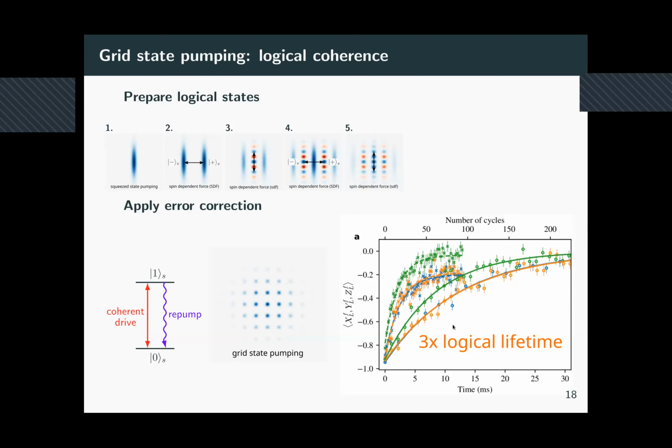What you might also notice in this plot is that the orange and the blue curves are the X and Z eigenstates of the GKP square code, and the green curve, which is a bit lower, is the Y state. Here are the unstabilized and stabilized cases. You might ask why the Y state is worse.